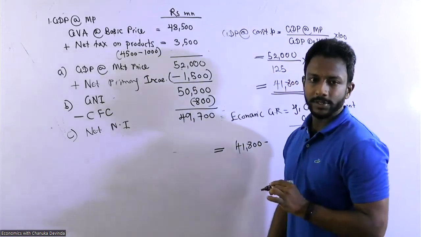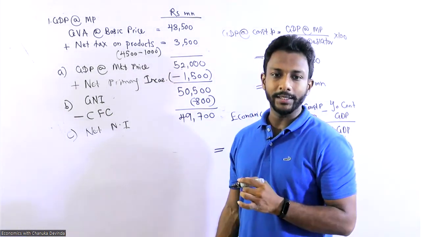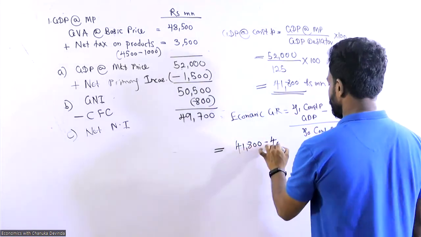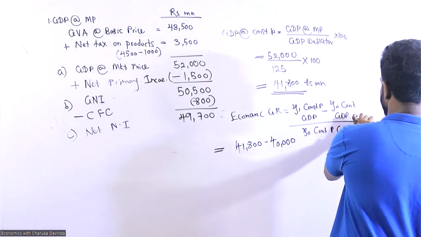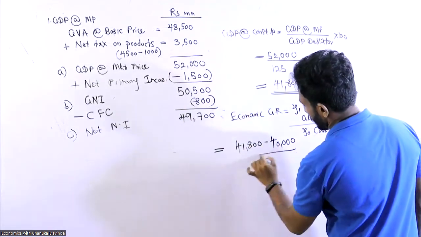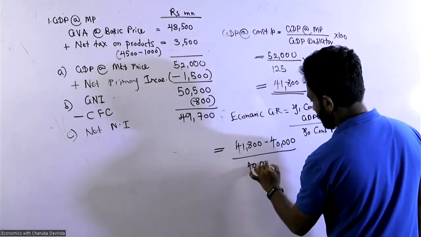And is there any information regarding last year? Constant price, yes. 2019 it was given, 40,000. Here we need to multiply by 100 as well, 100%, divided by 40,000, the last year constant price GDP.